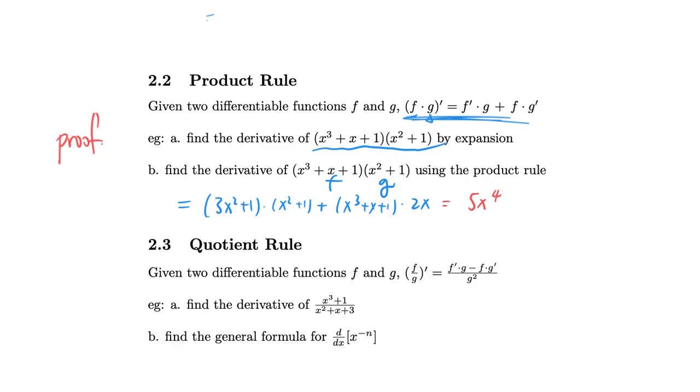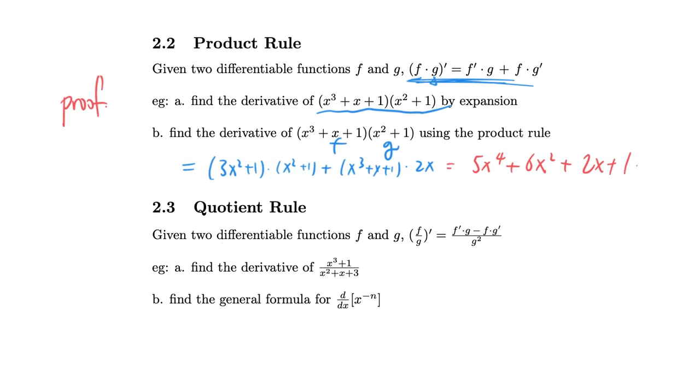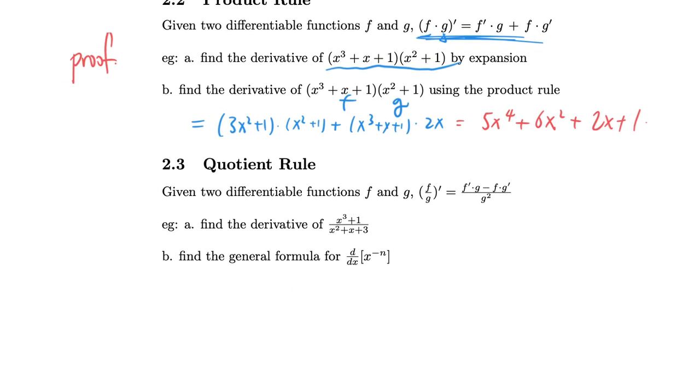So here we have 5x to the 4th, and then plus 6x squared plus 2x plus 1. Yes, good. So yeah, that is the product rule. You can practice this by doing products like these. Just write random expressions and try to take the derivative.